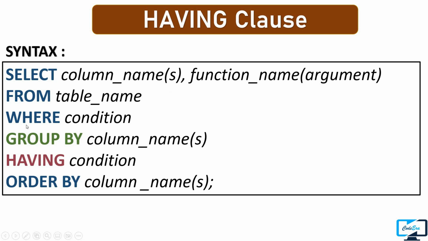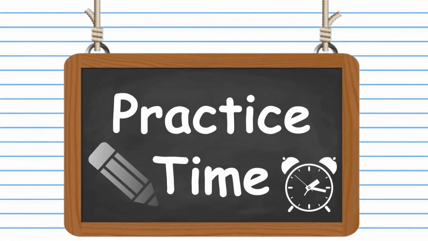After that, you can also use where clause if you have any row level filter condition, and then we have to write the group by clause with the column name. After the group by, we will write our having clause with the condition, and in the last we will write the order by clause. And here the order of clauses is very important. The order will be where clause, then group by, then having, and in the last we will use the order by clause.